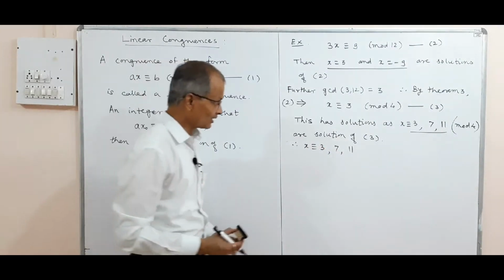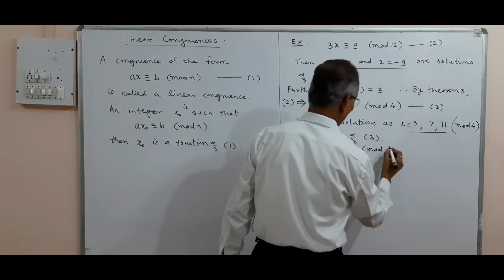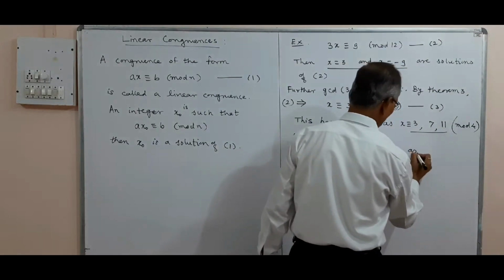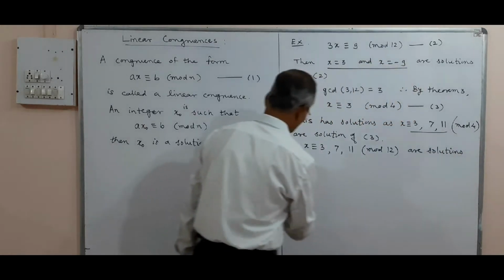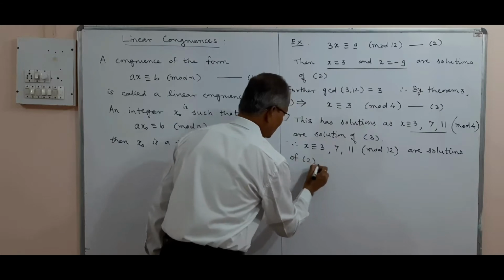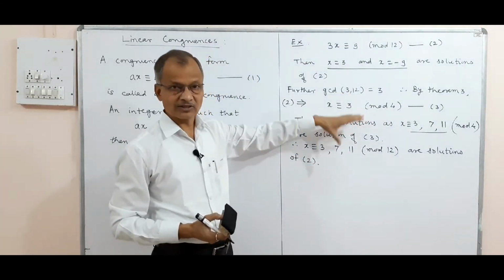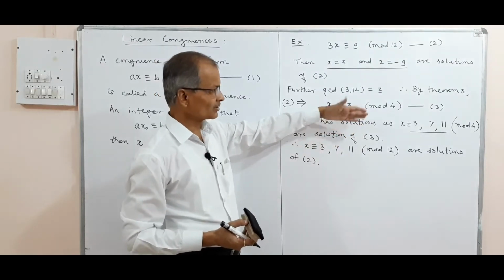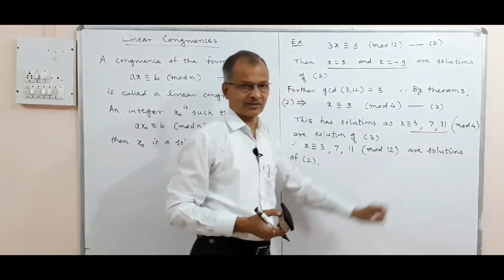Actually these are different, but we are writing them together under the original modulo 12 as solutions of 2. Actually, the original congruence is the second. The third is only for simplification to get one solution. And if you get one solution, the others can be obtained by adding 4, you may see.